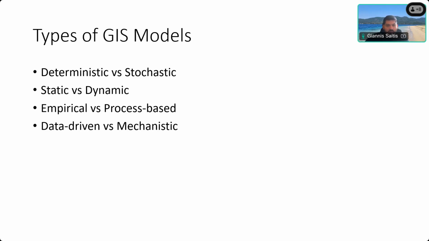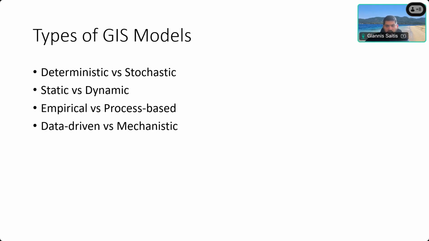The deterministic models usually are those that have the same input and output. So if we have some data sets that we put in under this concept, the output will always be the same. Okay. So in this model, there's nothing random or probabilistic.